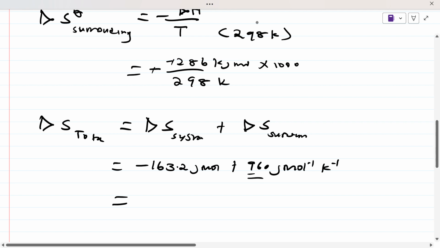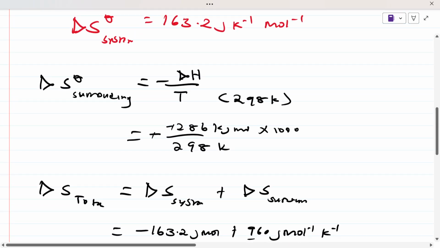Then my total entropy of that given reaction is going to be positive 796.8 joules per Kelvin per mole for that given reaction.